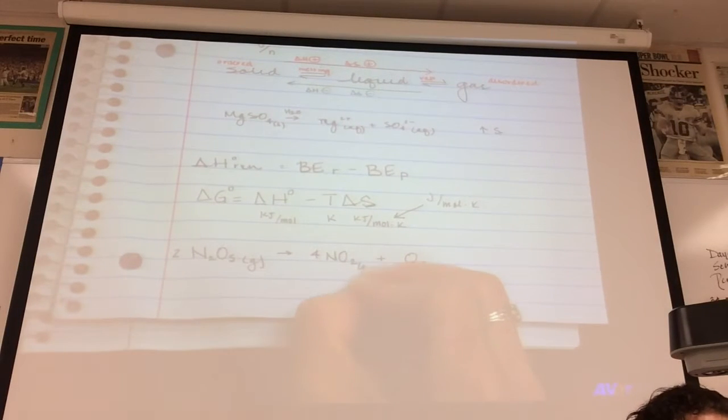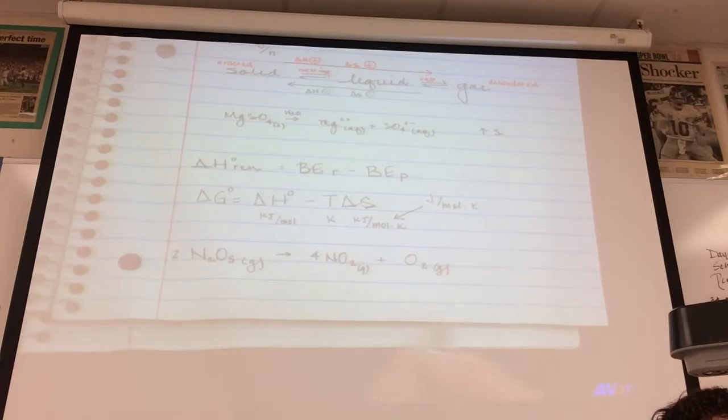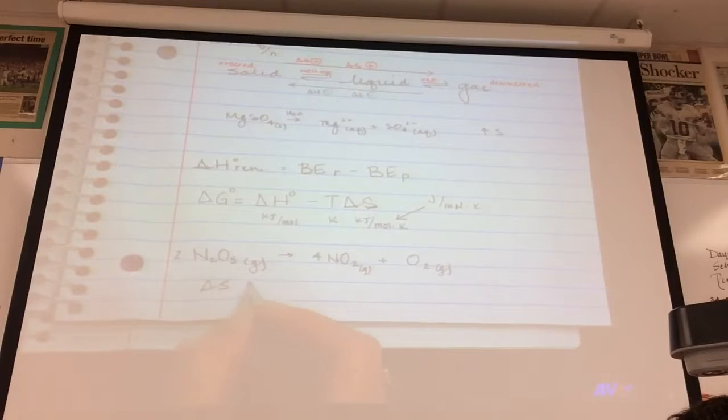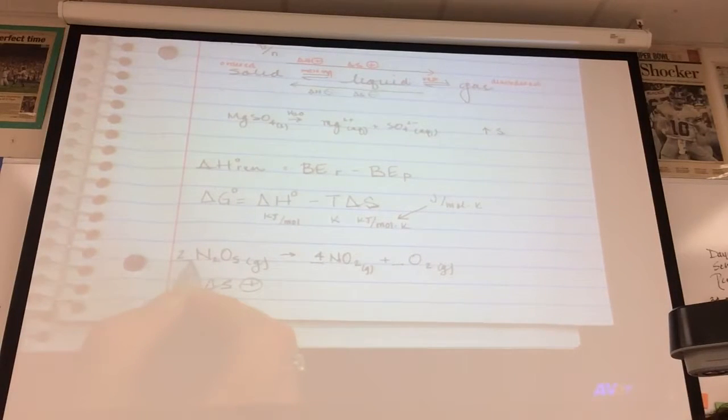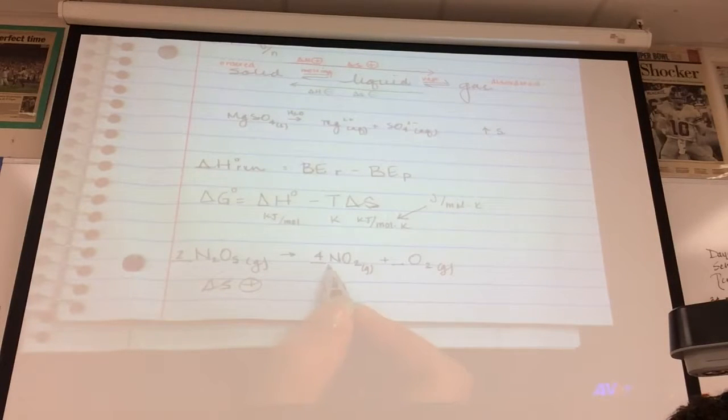And what you're seeing in this instance is delta S here would be positive because you have 5 moles of gaseous product compared to 2 moles of gaseous reactant. When you increase the number of moles of gas going from reactant to product, that is disorder, a positive entropy. Yes? All right, so it all looks familiar.